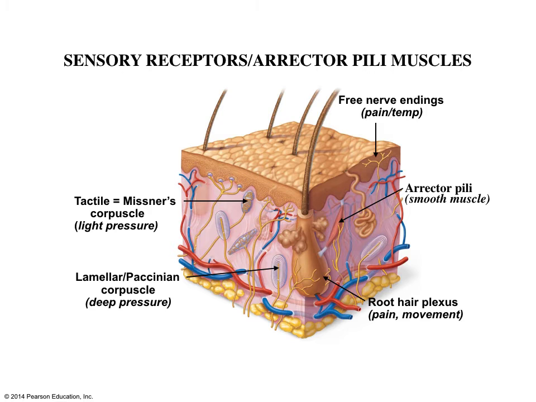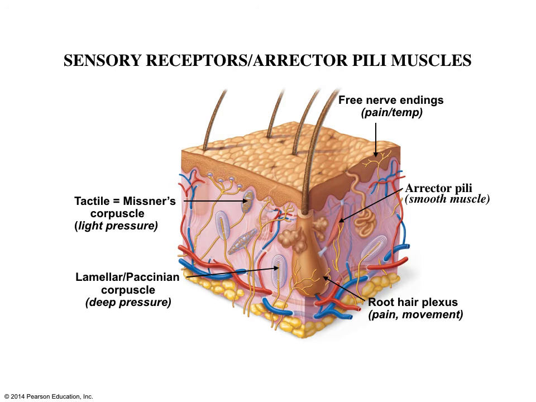And the deeper lying receptors are called lamellar or Pacinian corpuscles, and these will pick up the deeper pressure sensations. Right around the hair root would be the root hair plexus that will monitor and perceive not only pain sensations but also movements.